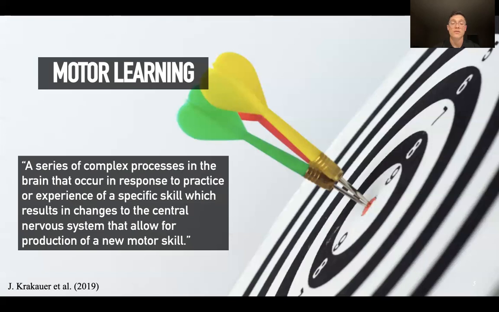So I do just want to stress that all of these adaptations are going to have to stem from the central nervous system in some way, specifically when we're talking about such technical lifts as the snatch and the clean.